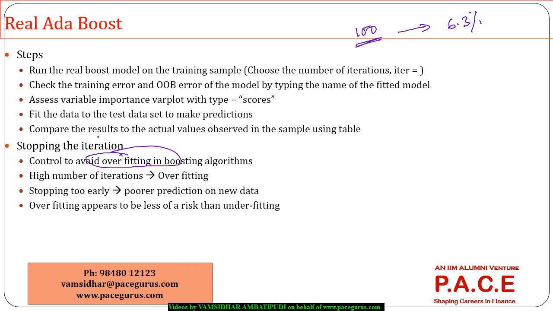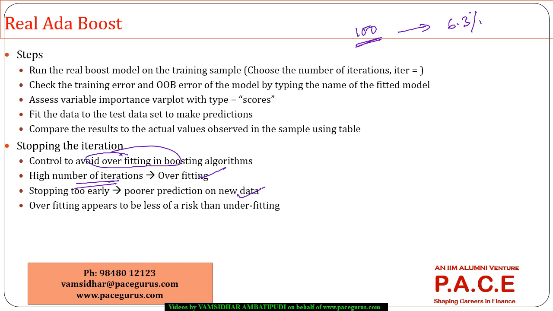So if you have a high number of iterations, there is a possibility of overfitting, and if you have very few iterations, there is a possibility of underfitting, which means the predictions could be much weaker on the data. So I have to be careful about choosing the number of iterations.